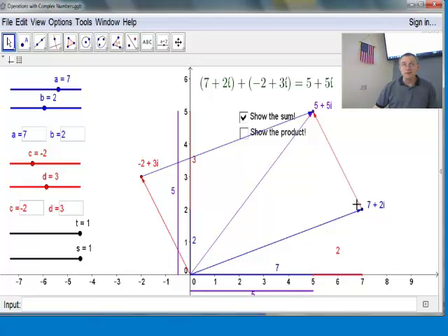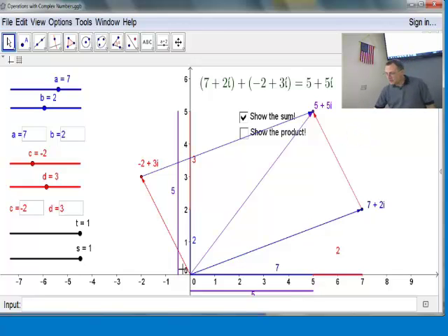And if you add them, the -2 and the 7 add together to equal 5. And the 3 and the 2, well, in this case, also add together to equal 5. And notice the visual you get. We don't talk about vectors in this class, and we're not going to start now.